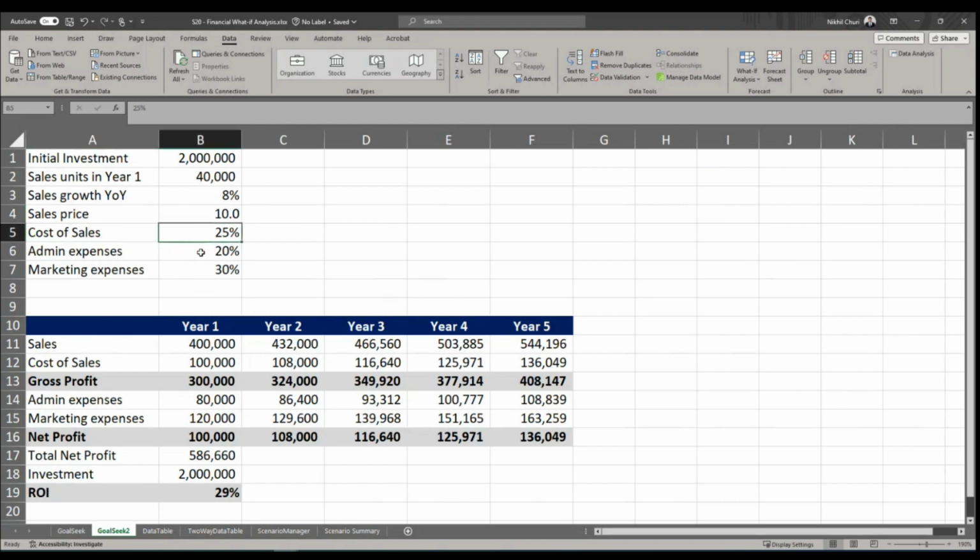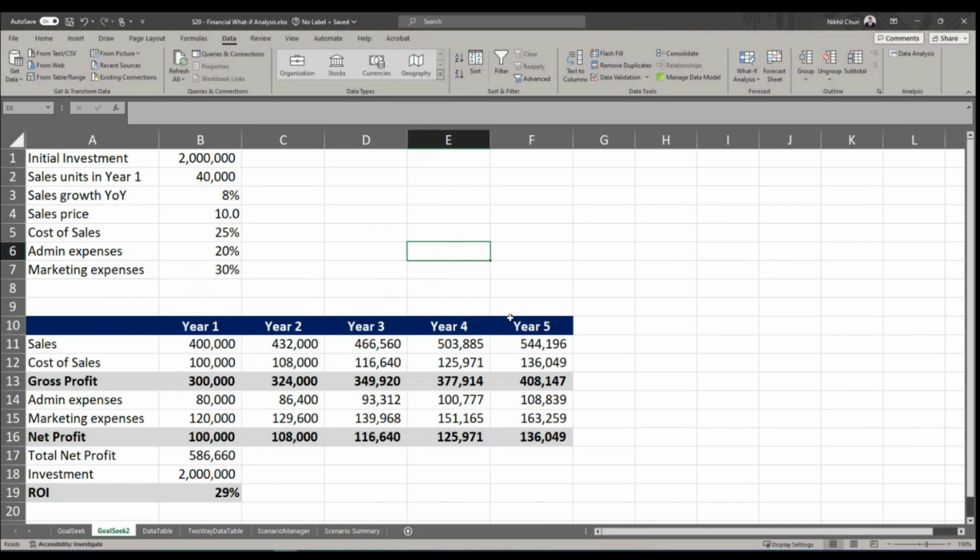Administrative expenses are say 20%, and marketing expenses are 30%. So together these three cumulatively contribute about 75%. That tells me that the remaining 25% is your net profit. So these are the initial conditions given to you.